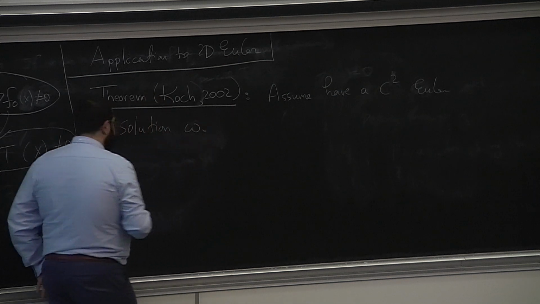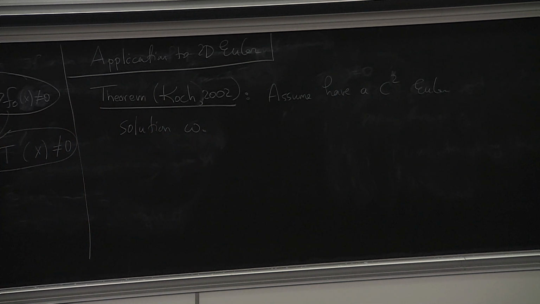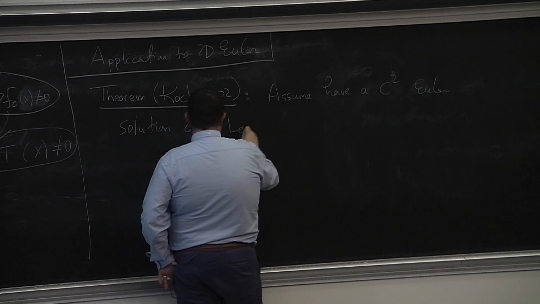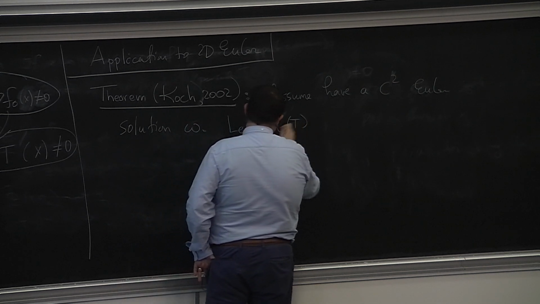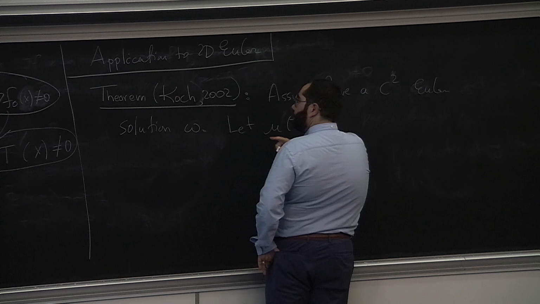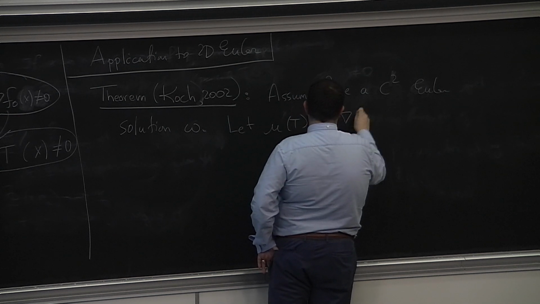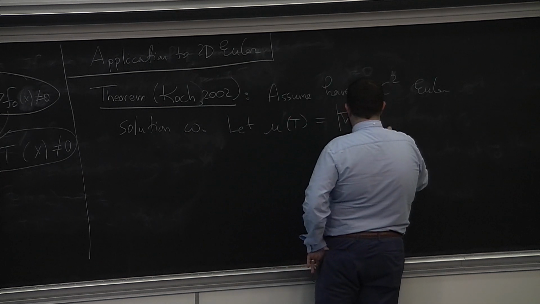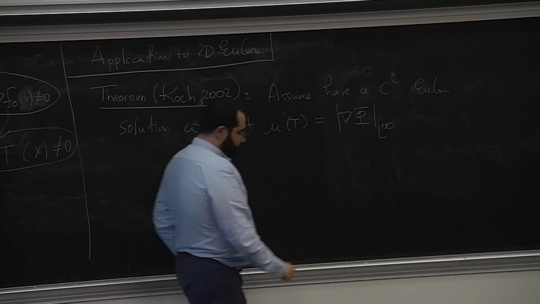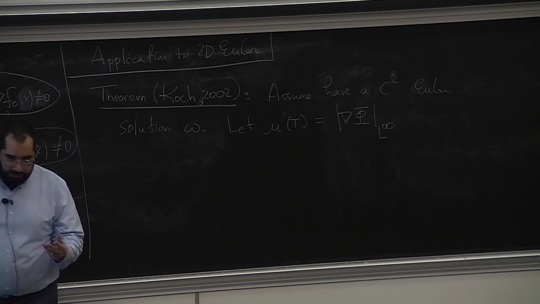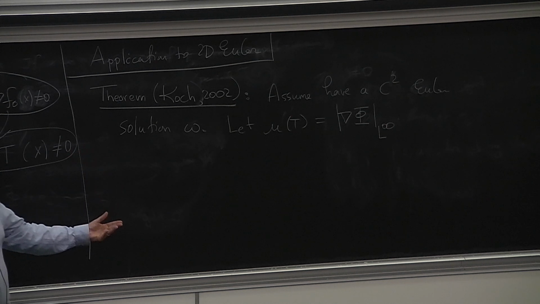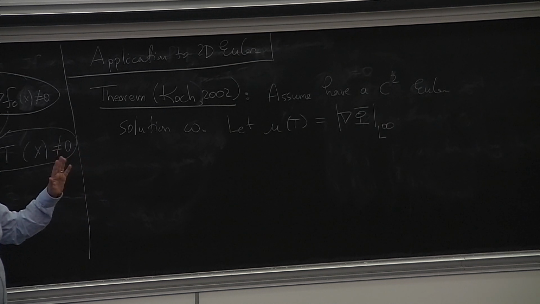omega. Okay, so omega could be stationary, could be not stationary, could be periodic. And let mu of t be the quantity which we've been talking about, which is the gradient of the flow of its velocity. So omega is the vorticity, you get its velocity, and then you get the flow map.